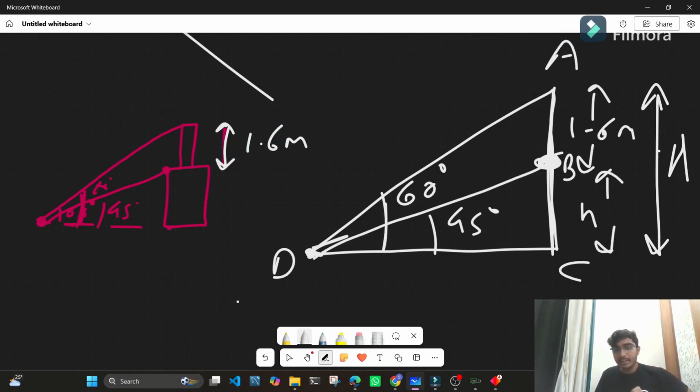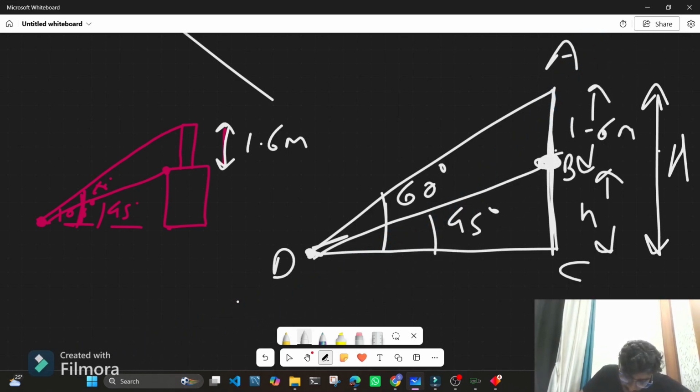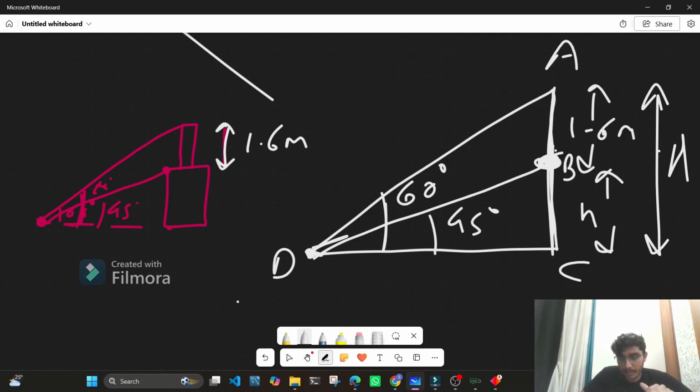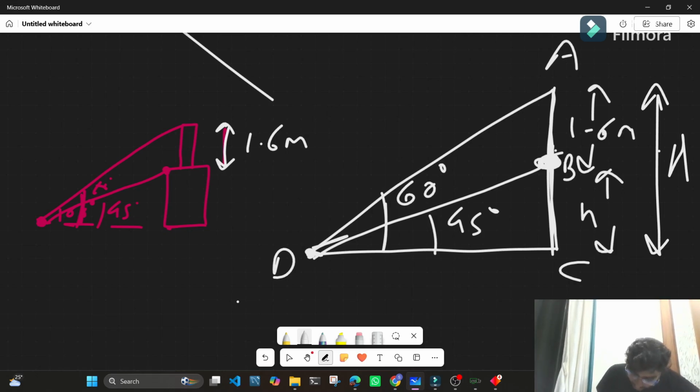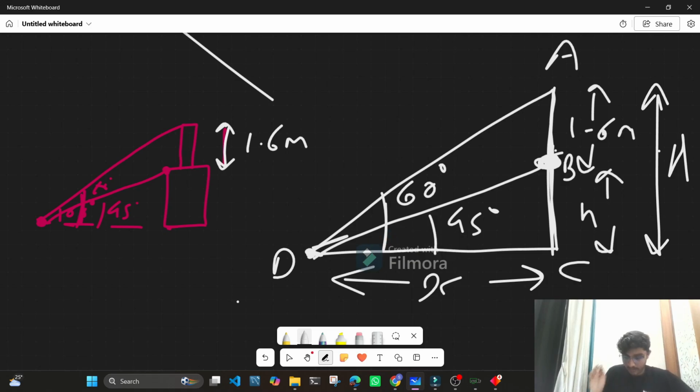It is quite obvious that since point B is lower than point A, the angle would also be smaller than that of A. I hope that is clear. Let us say this distance is x.